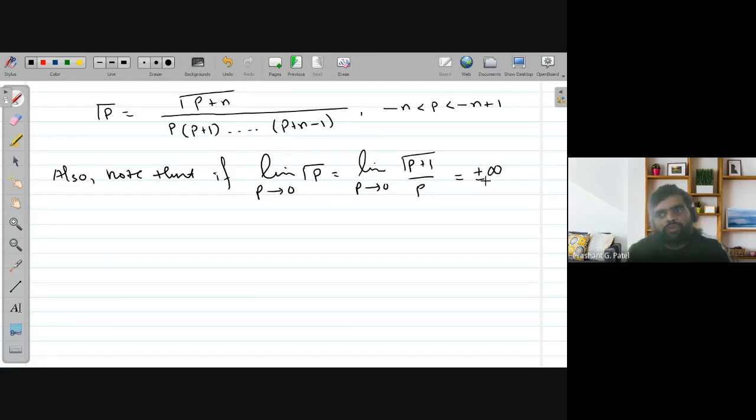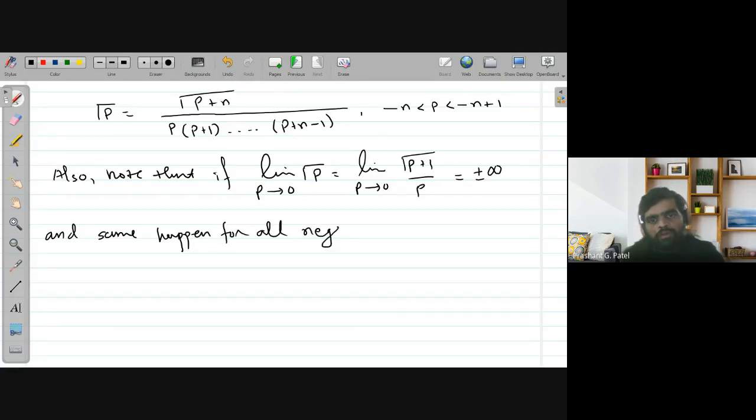And the same happens for all negative integers also. That means for this one also we have the same thing.